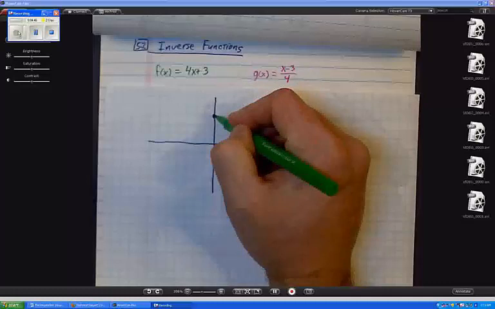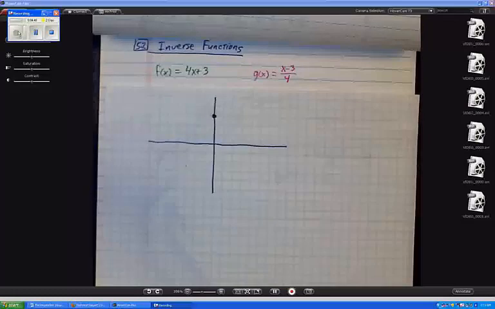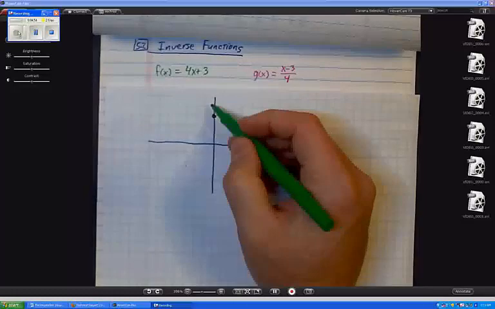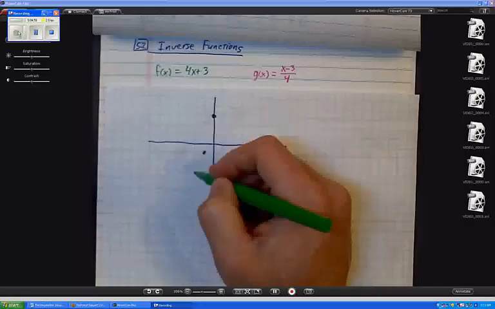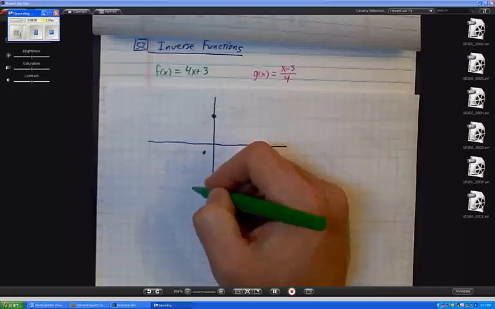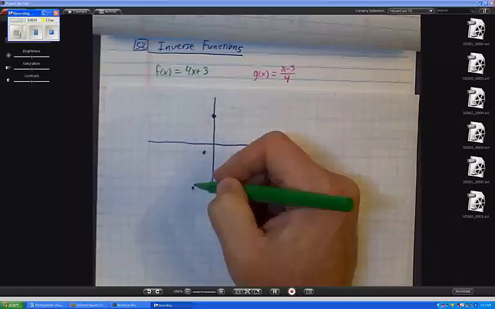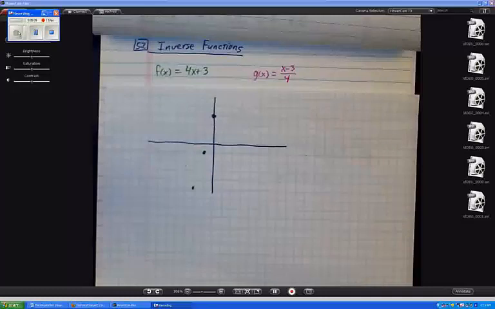So there's the intercept, 0, comma 3. And what's the slope? Sure, so I'm going to go up 4 and over 1. I'll be off the page. Or I go down 4 and over 1. But basically, the graph I want looks like this. It follows those dots.